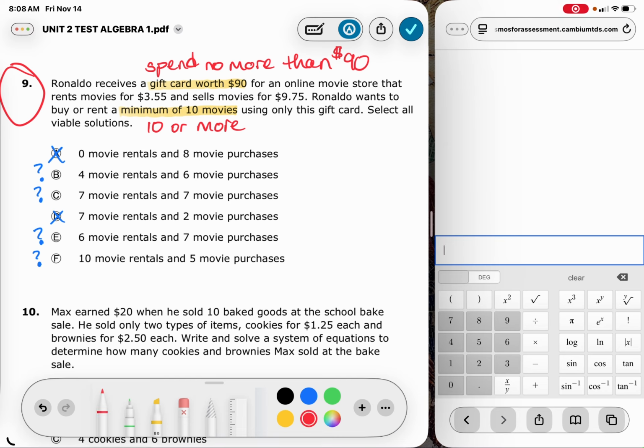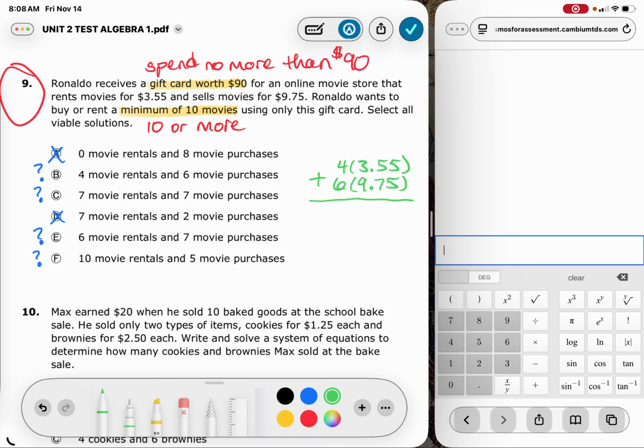So for B, we would be doing 4 times 3.55, and we would do 6 times 9.75, and then whatever those are, we're going to add them together, okay? And matter of fact, let me move this over. So we're going to multiply, and this is for answer choice B, okay? And after we multiply them, we're going to add them.